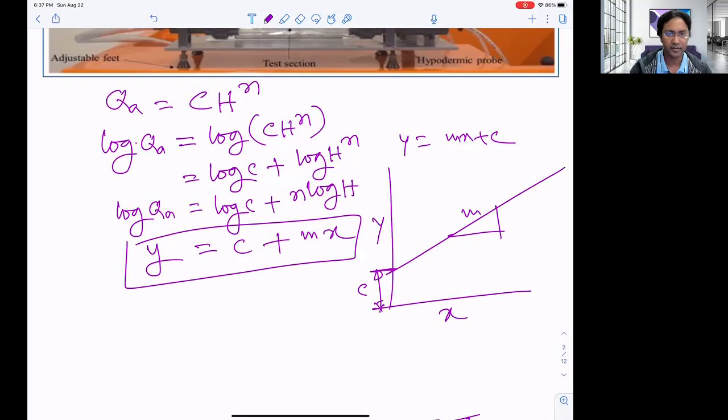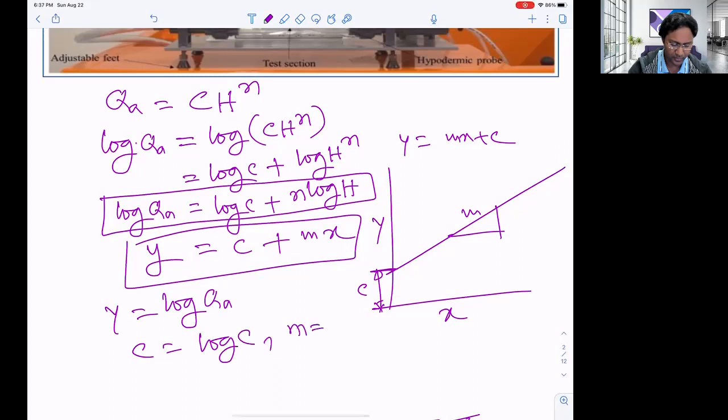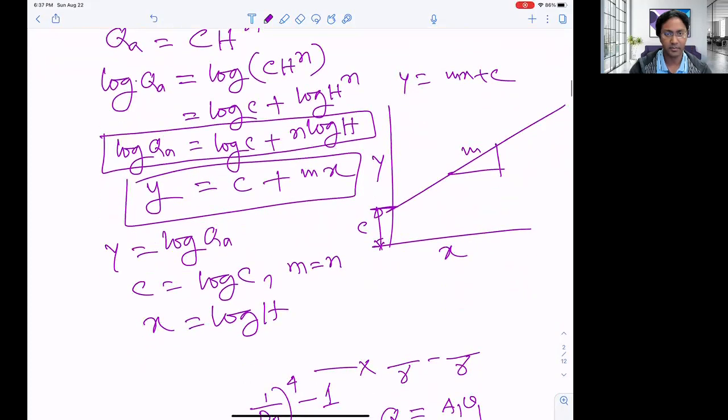Now we can see the similarities between this equation and y equal to mx plus c. That means y is equal to log QA, c is equal to log c, m is equal to n, and x is equal to log h. That means these are similar.